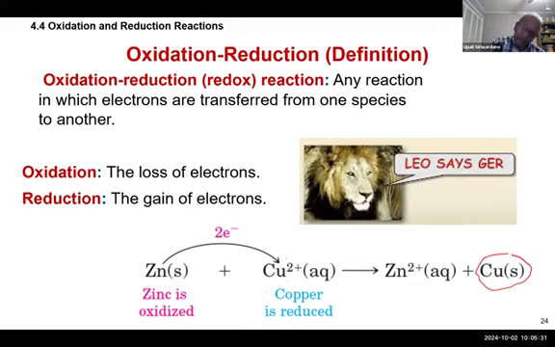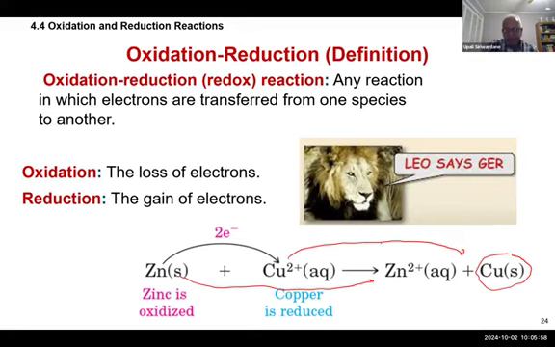Copper 2+ gets reduced to copper metal, and zinc gets oxidized to zinc 2 plus. Therefore, there are two things happening in an electrochemical reaction, or oxidation reduction reaction.